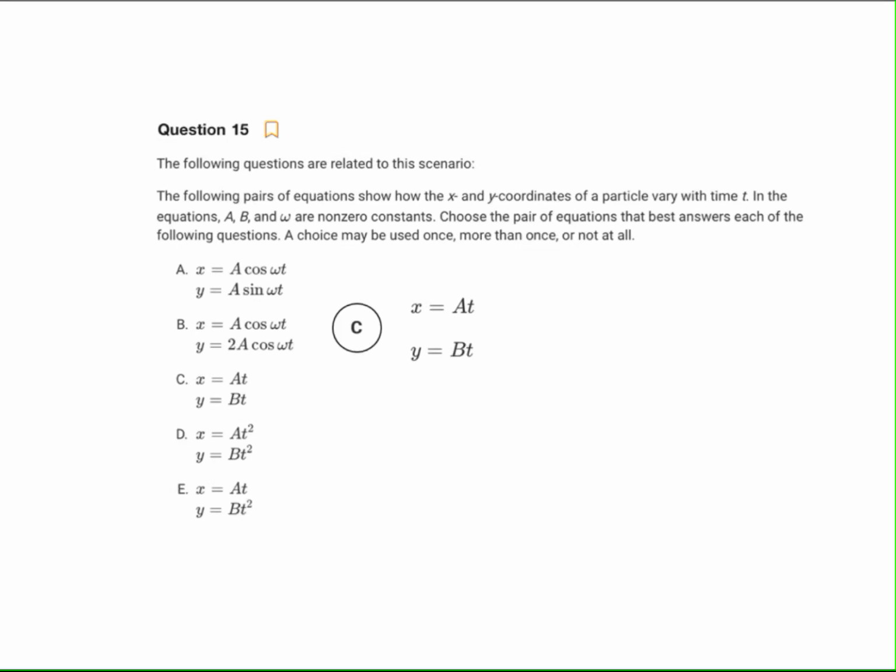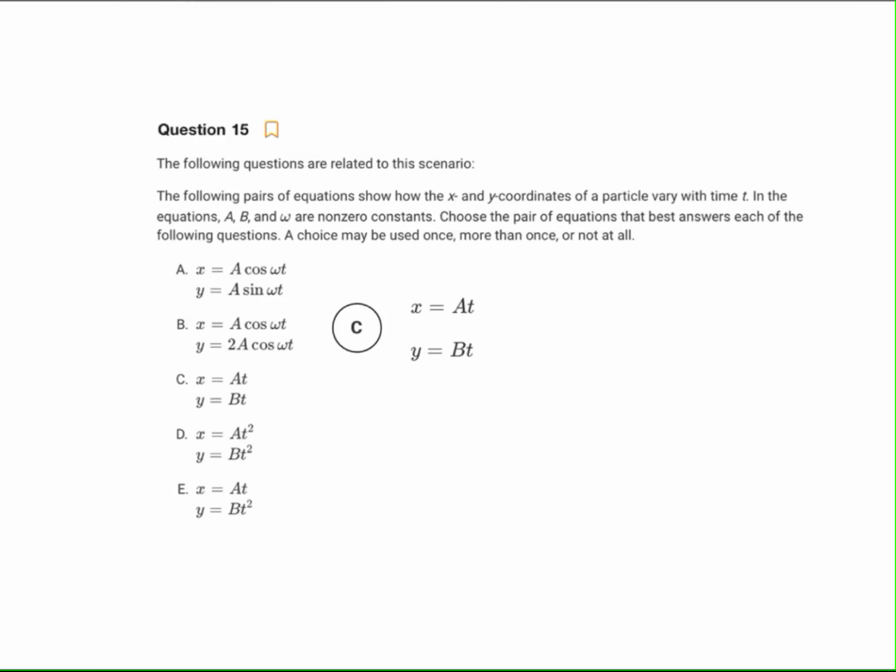Now, 15 and 16 were kind of interesting because they give us 5 different choices of pairs of motion for the x direction and y direction. The first one says to choose the pair of equations that best answers each question.